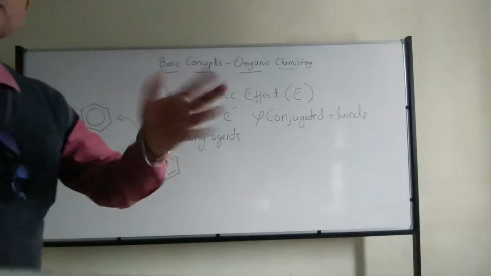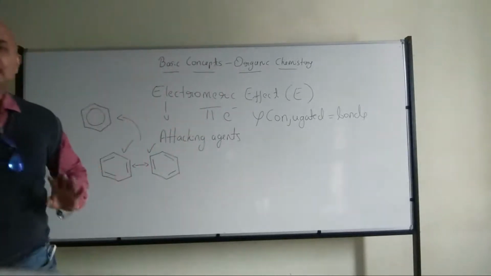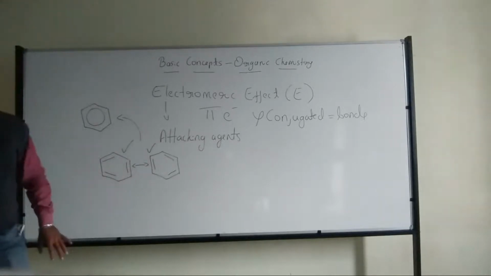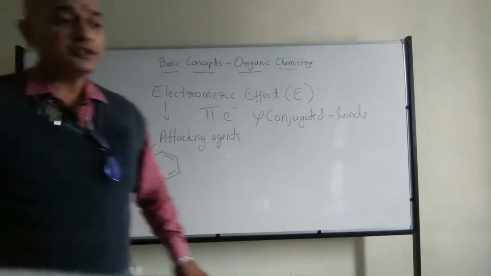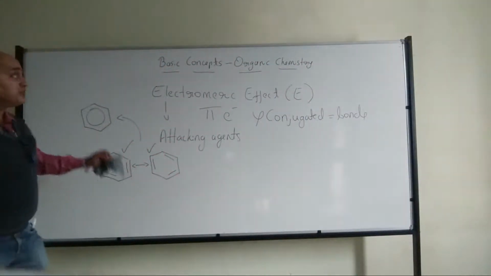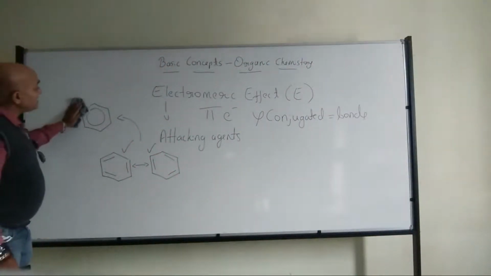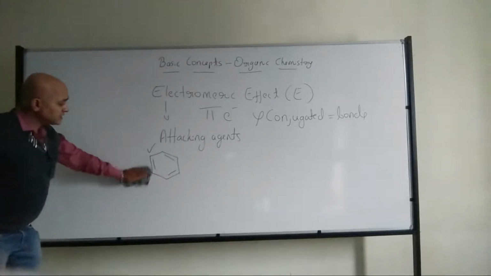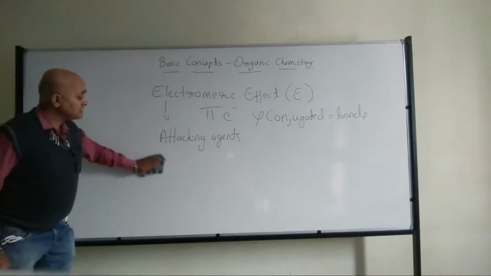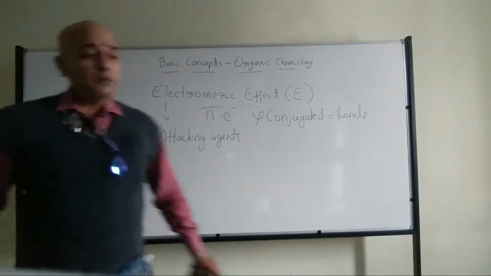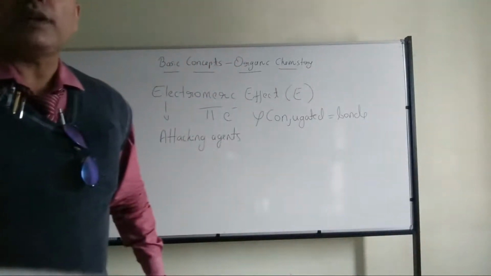There is no substituent. There is no attacking agent, but still, benzene can show the resonance features, due to the presence of alternate double bonds. That's what I told. Resonance is with respect to delocalization of electrons, that means movement of electrons among these alternate double bonds.